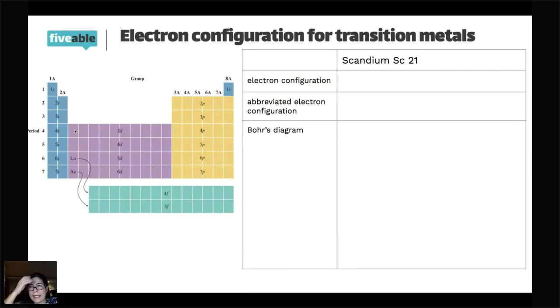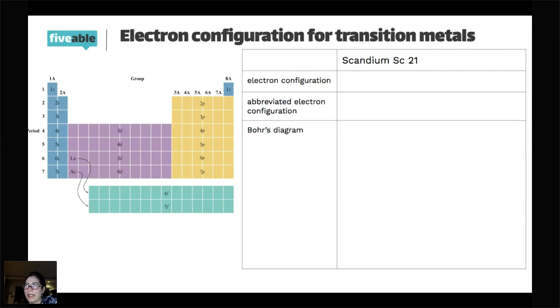What would be the electron configuration for scandium with 21 electrons if we follow along the periodic table? Remember, the location is right here. We follow along and it would start with 1s2, 2s2, and then, correct, Luca, very good.